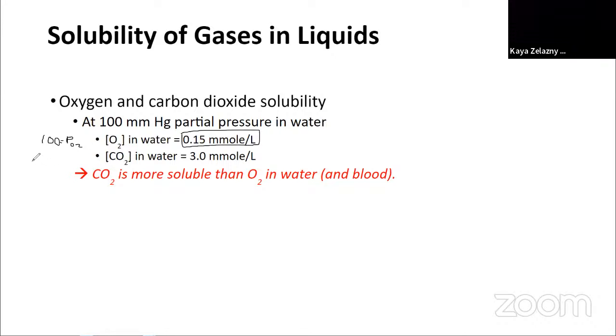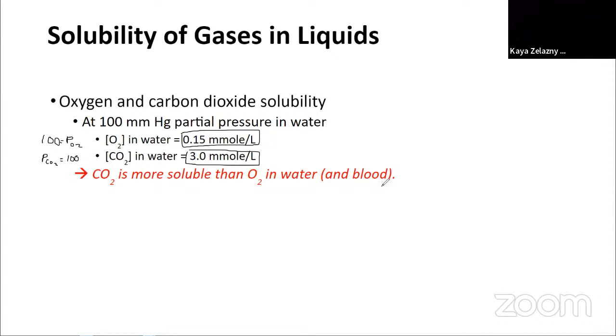If we're at a partial pressure for CO2 of 100, and when we give a partial pressure, we want to be specific about what gas we're talking about. So for the second line, we're not talking about the partial pressure of oxygen anymore. We're talking about the partial pressure of CO2. When our carbon dioxide is at that same partial pressure, we'd get 3 whole millimoles of carbon dioxide into that same liter of blood.